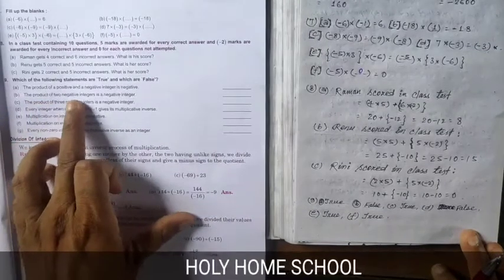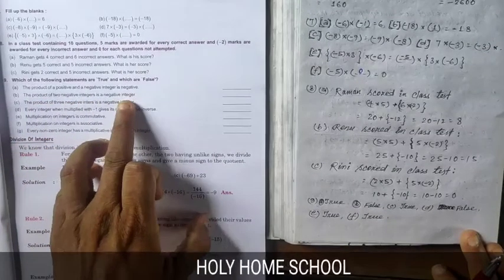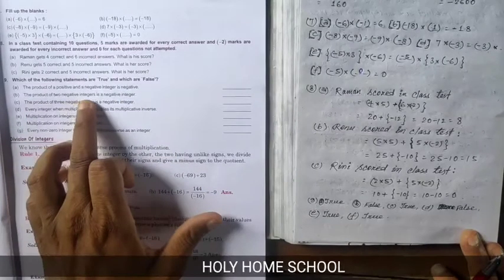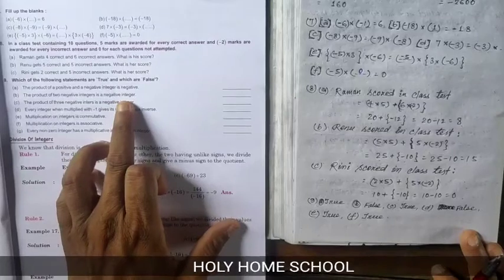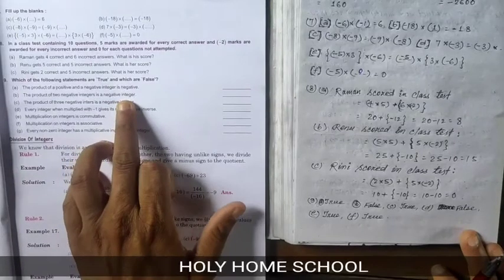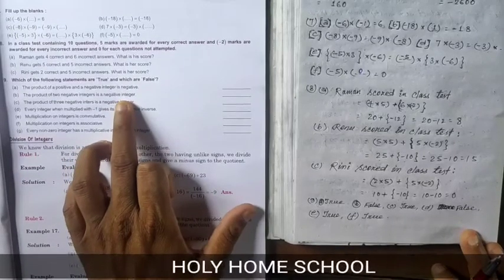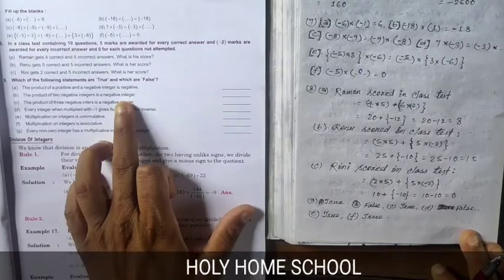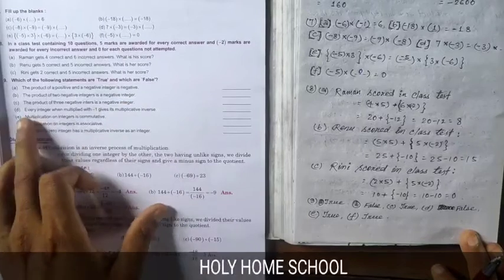The product of two negative integers is a negative integer. This is false because the product of two negative integers is a positive integer. Minus into minus equal to plus.